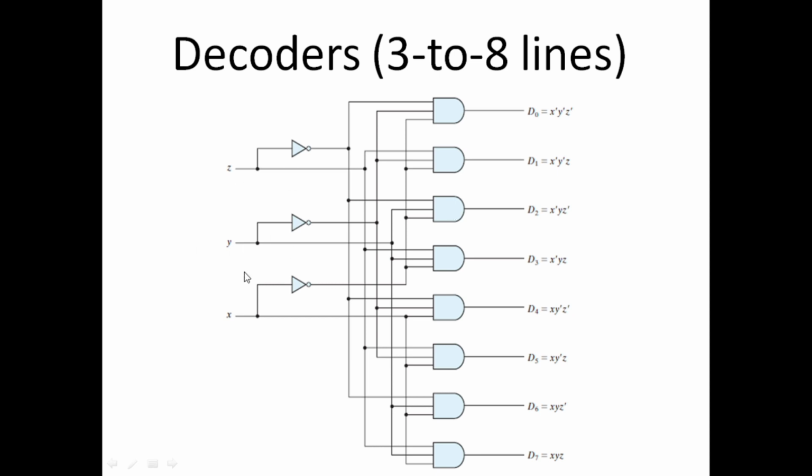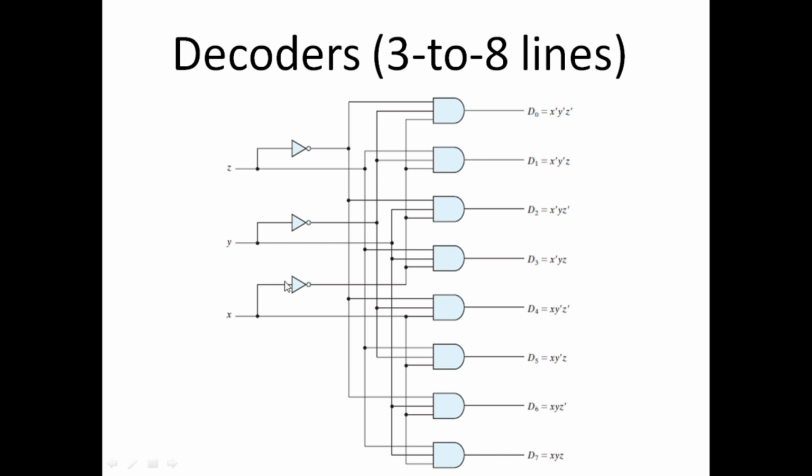In this case, every input is also complemented, because in a minterm every variable can appear in the normal form and also in the complemented form. So to create all possible minterms, it is necessary to create the normal form and the complemented form of the input variable, and this is the case for all input variables, for x, for y, and for z.